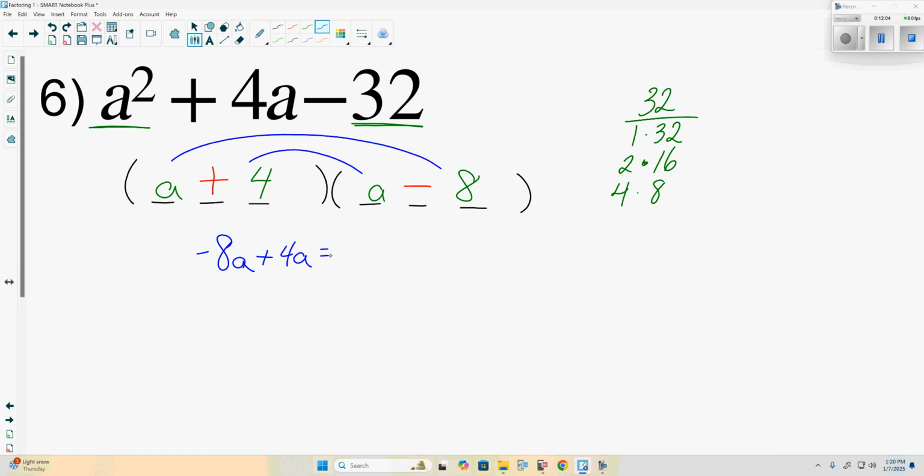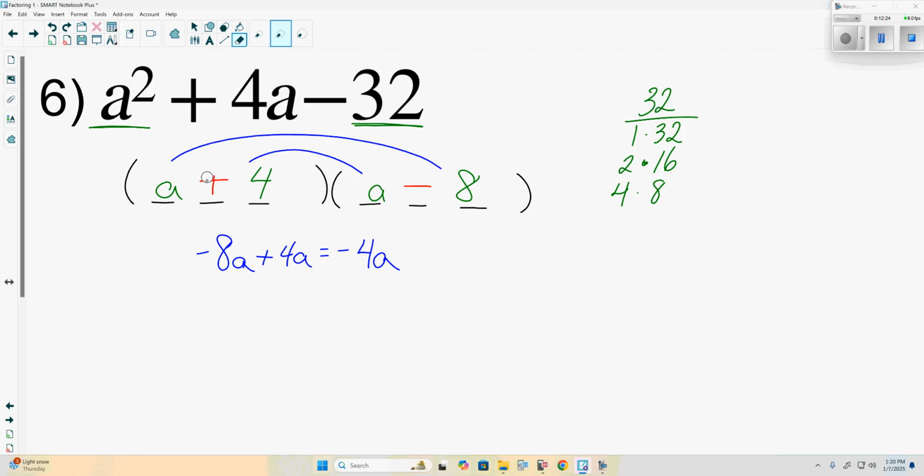And negative 8a plus 4a is negative 4a. Is that the middle term we wanted? No, but yes, because we wanted 4, yes? Did we get 4? We wanted it to be positive instead of negative, yes.